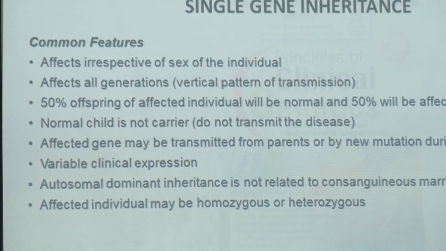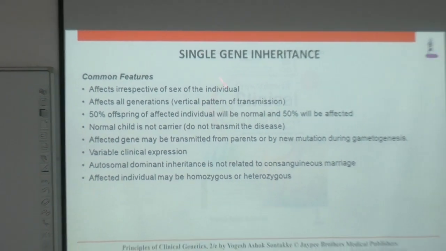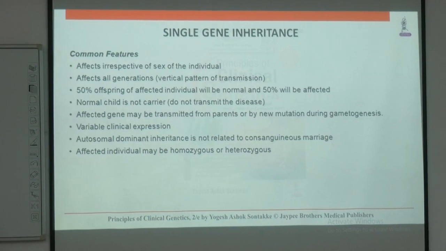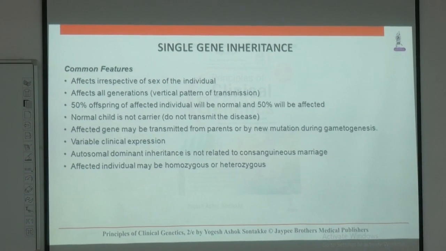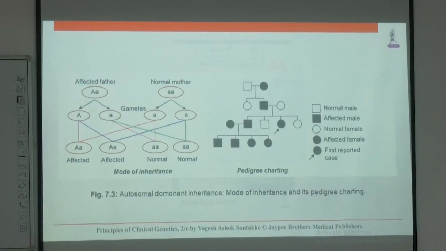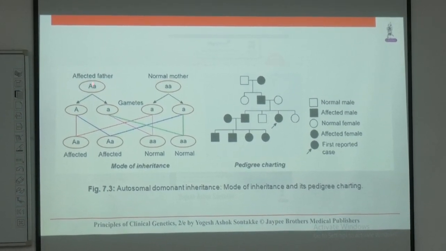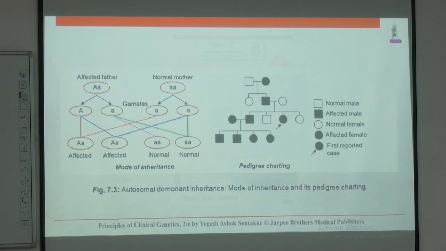Now half of the children will have the disease and half of them will not be affected, and the children who do not have the disease will not be carriers. So we have this pedigree where we have this analysis. This is the affected father, with capital A and small a, the two genes. The mother is normal, aa, where the large A is the dominant gene.